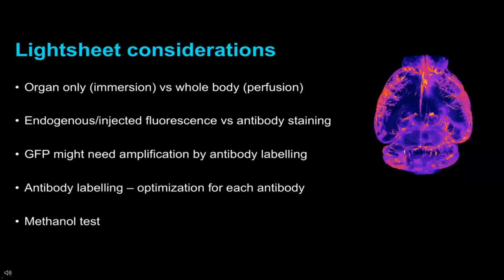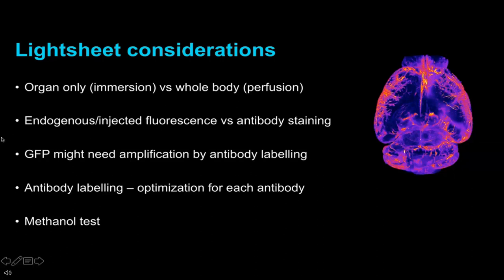Then what kind of fluorophore will you be using? Do you have an endogenous or injected fluorophore? We are so lucky to use our CSF injected fluorophores. You may have, for example, a reporter mouse with fluorescent protein. And if not, you are of course reliant on antibody staining.